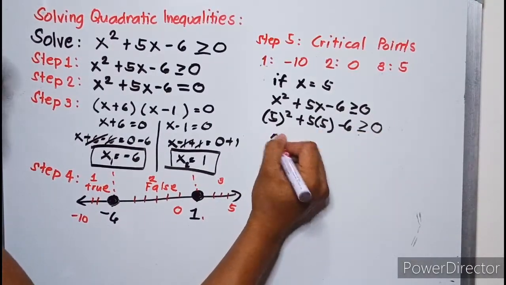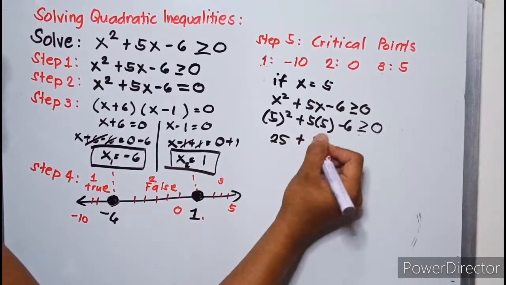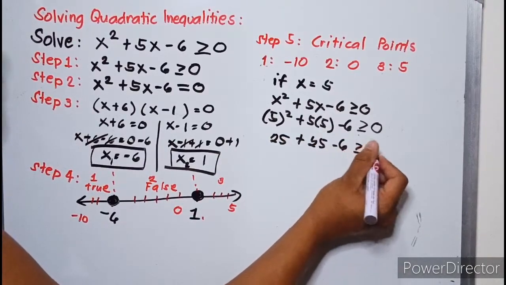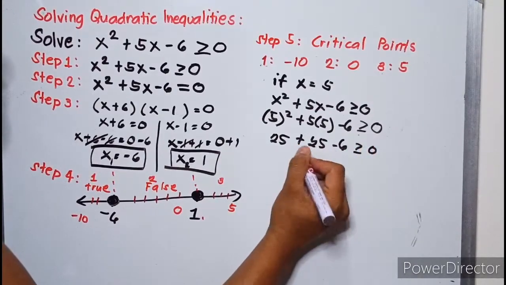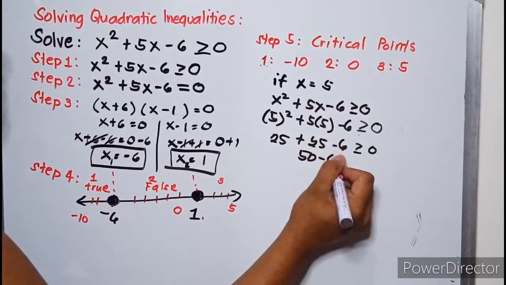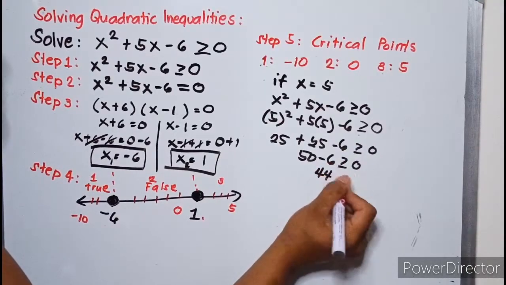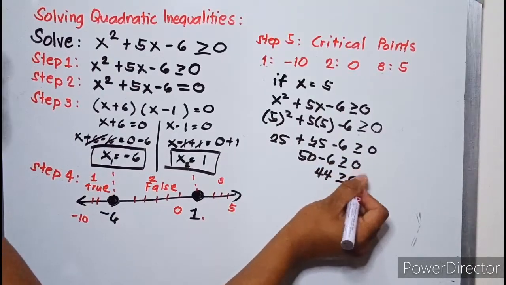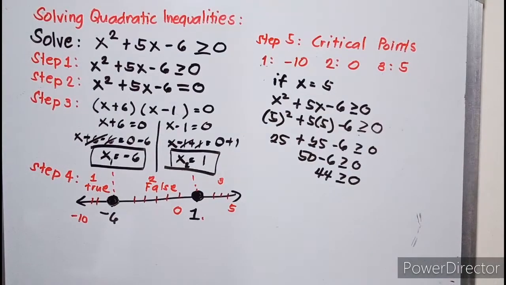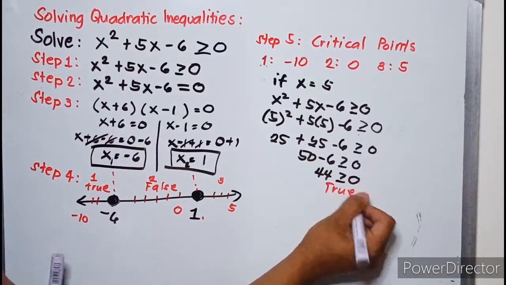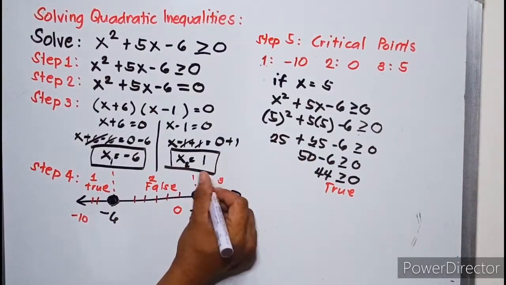So, we have 25 plus 25 minus 6. 25 plus 25 is 50. 50 minus 6 is 44, greater than or equal to 0. Ang 44 ba malaki sa 0? This is true.